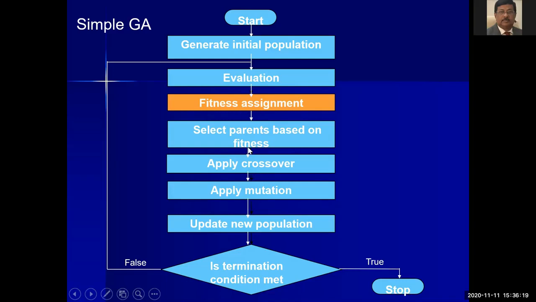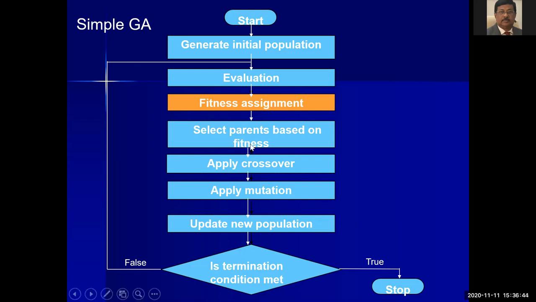Then after that come the genetic operators. The first operator applied is the selection process. Select parents based on fitness. So here the initial random population is treated as the parental population. After applying the genetic process, the updated new population is taken as the children population.